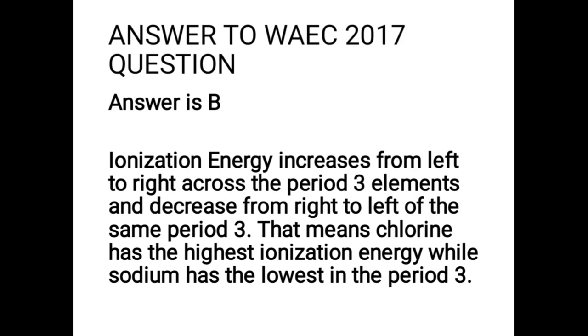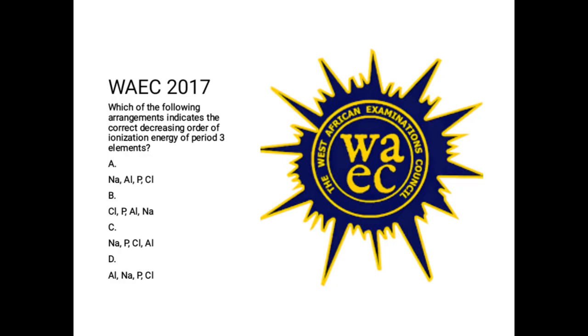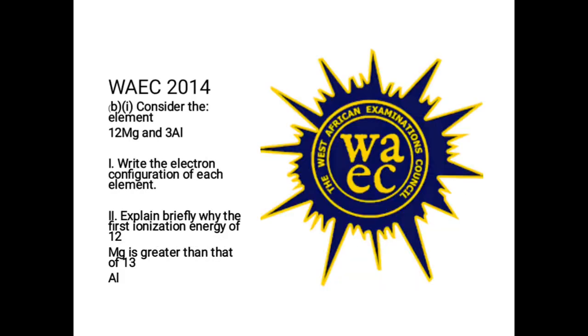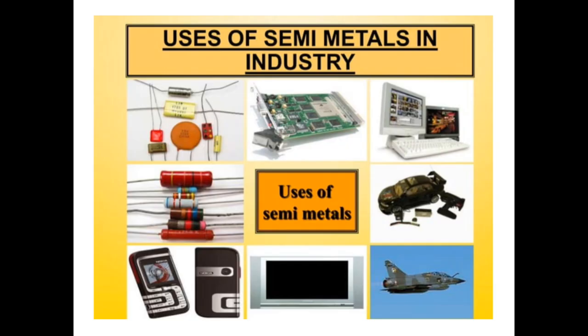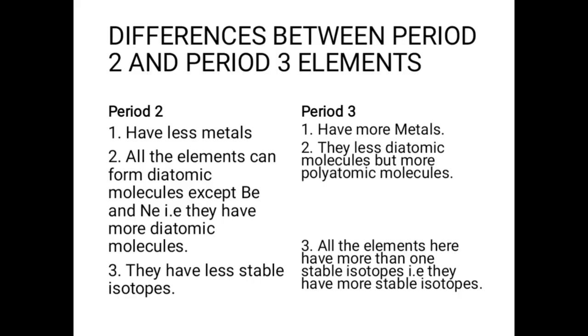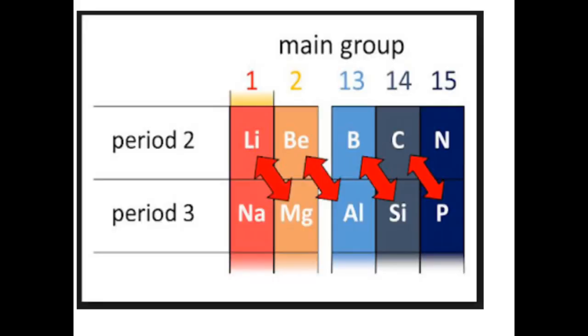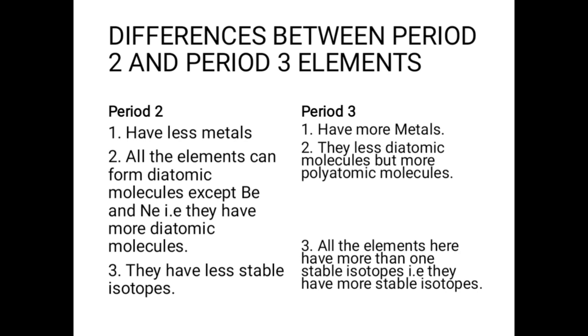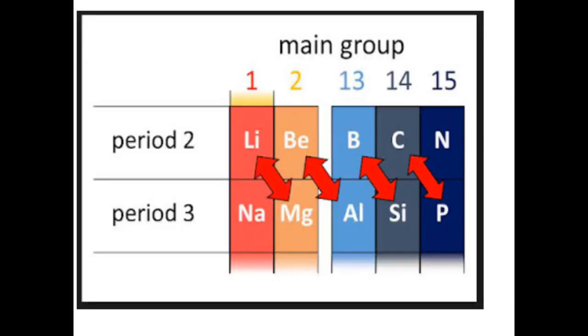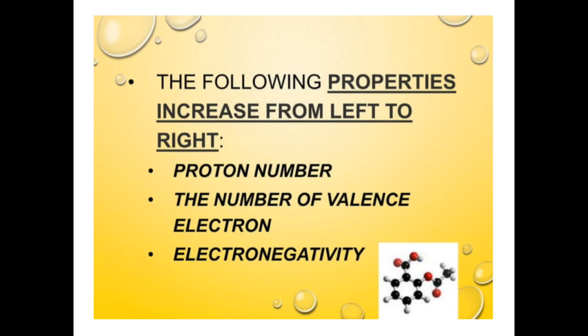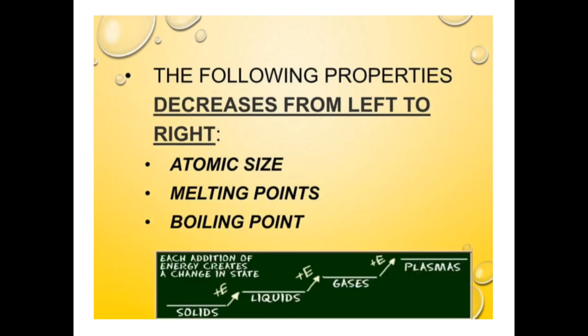So far so good. We have looked at the period 3 elements, and then we have been able to establish different parts. We have looked at the differences between period 2 and period 3. We have looked at the similarities. We have looked at some of the properties that increase: proton number, valence electron, electronegativity, and ionization energy. We have looked at properties that decrease: atomic size, atomic radius, melting and boiling points.